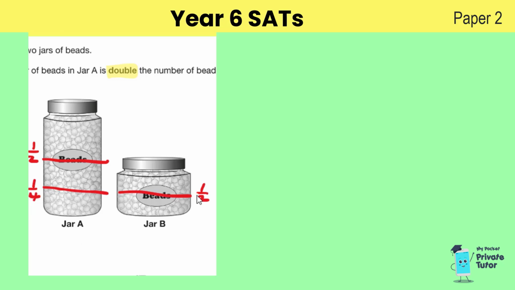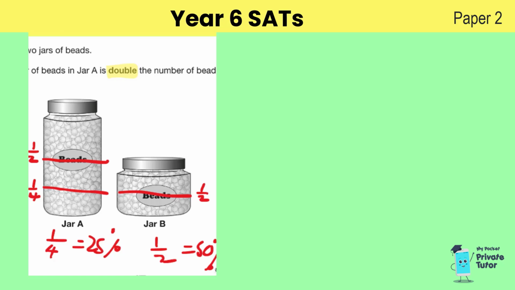So 50% of the number of beads in jar B, that's half, is level with a quarter of jar A. So a quarter is the same as 25%, and a half is the same as 50%.